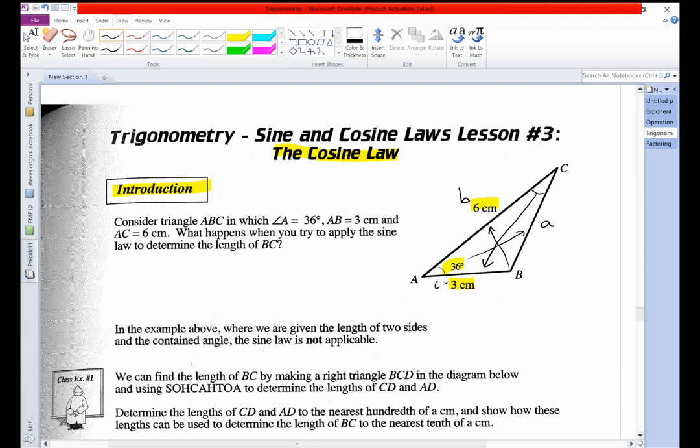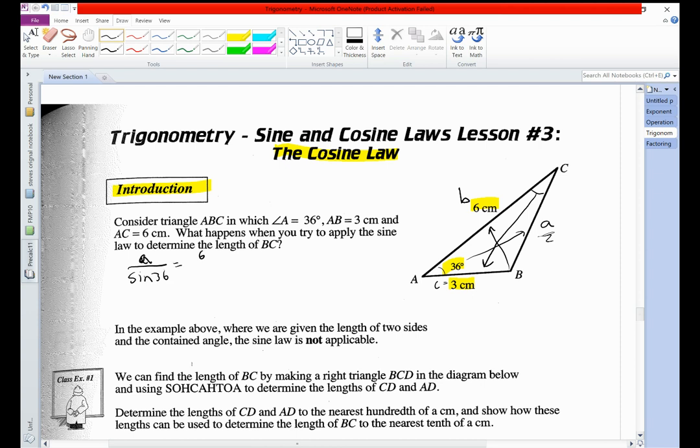What happens when you try to apply the sine law to determine the length of BC, which is side a? Well, we are looking for a, and we know angle A, which is 36.